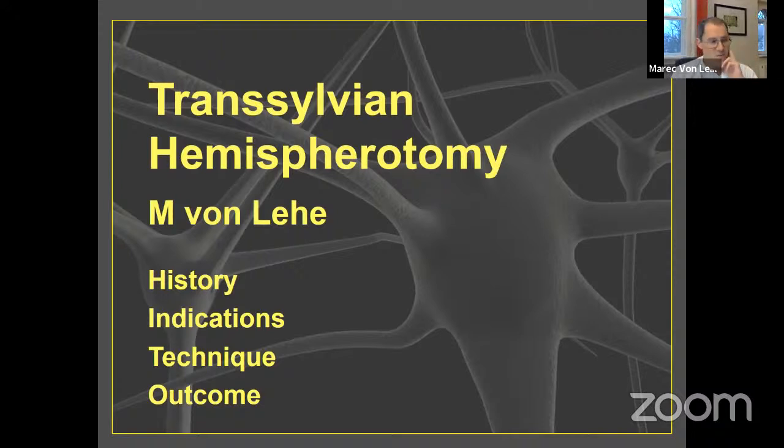And most of the time we will talk about the technique, the Transylvian approach, a lateral approach to disconnect one hemisphere. When we have time, or maybe we discuss it later in the panel, when we discuss both procedures, we can talk about the outcome, the major goal of this surgery, the seizure outcome.